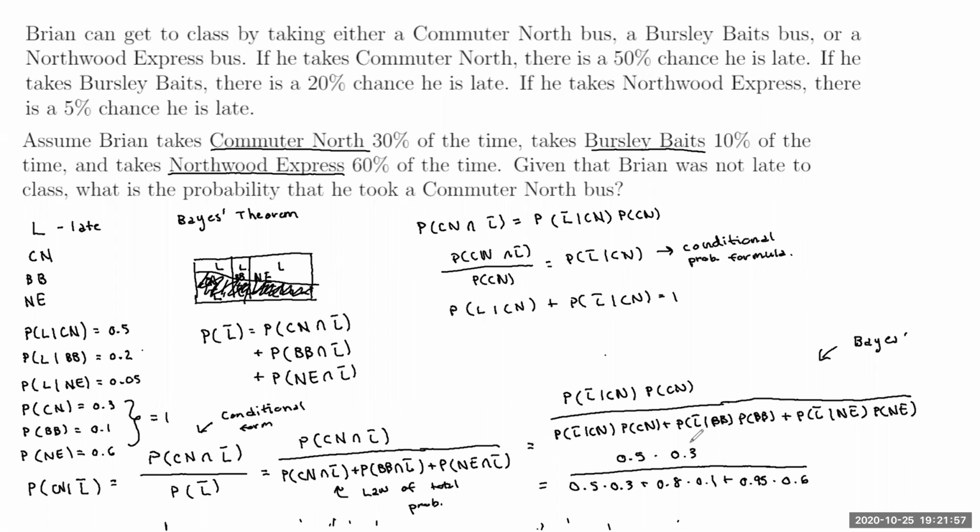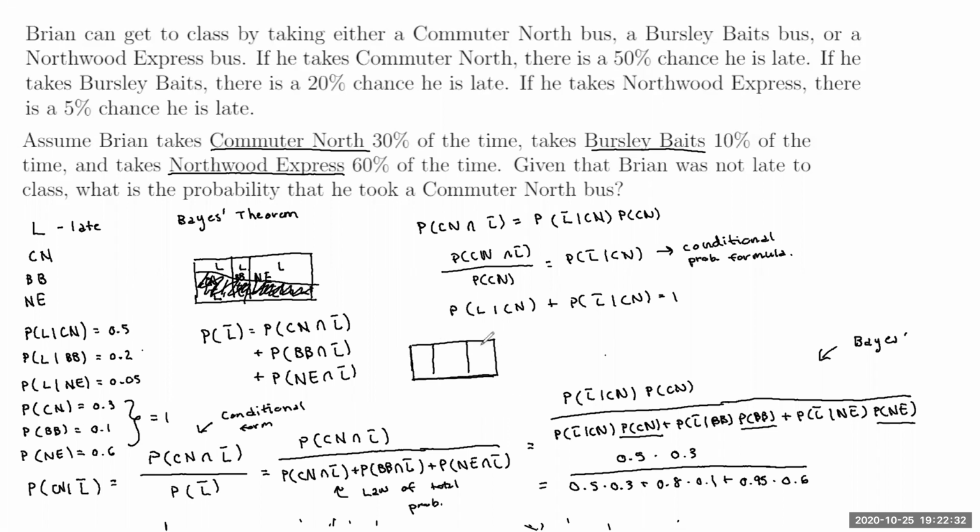And notice one thing that I mentioned at the beginning: these bottom pieces have to sum up to 1. This thing you're multiplying by, there are 3 here, sometimes you'll see 2, sometimes more than that, but those values all have to sum up to 1. This is because you need these events, in this case taking Commuter North, taking Bursley Baits, and taking Northwood Express, to partition out the entire sample space.